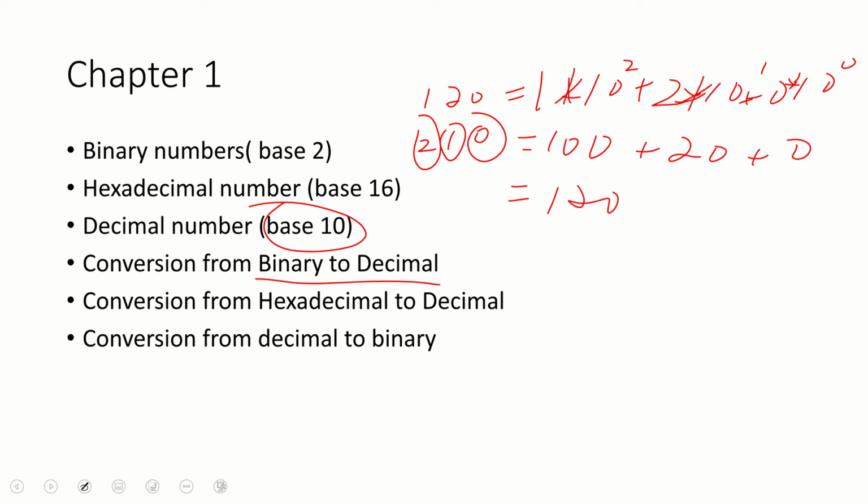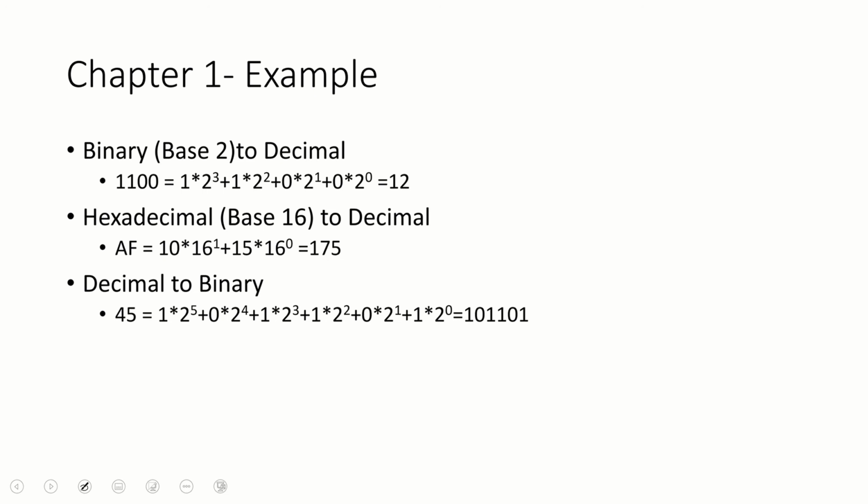Based on this idea, if you have something you want to convert to decimal, we just multiply each digit by its base number. So this is an example. Binary: we have this binary number, 1100. The first thing we need to do is to write the index from right to left: 0, 1, 2, 3.